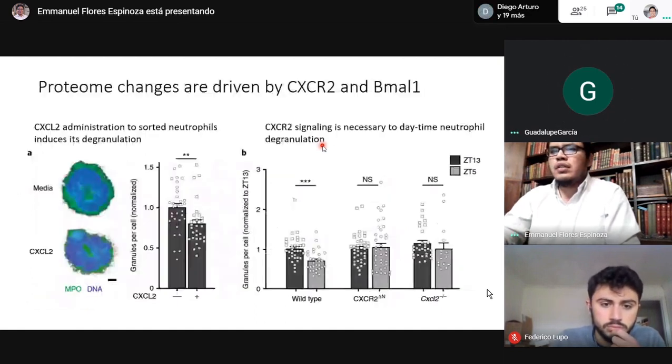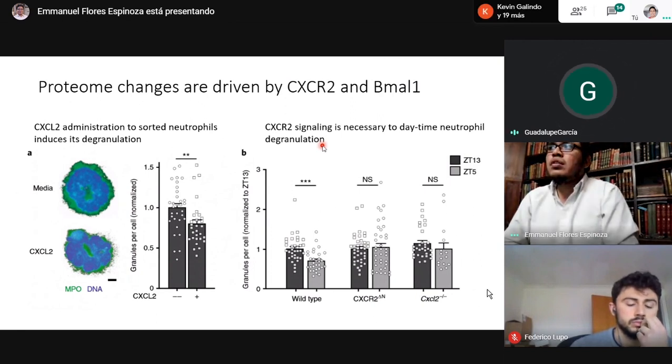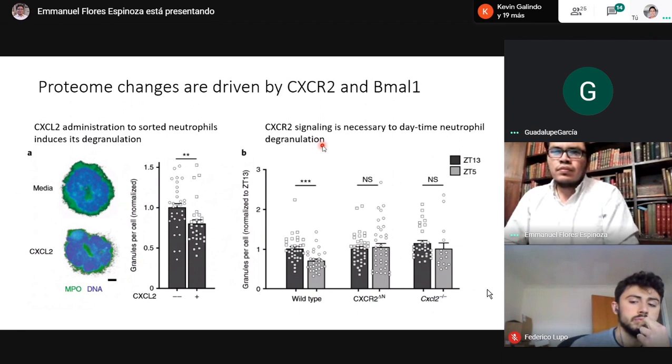This one. They observe an effect in the lower amount of granules per neutrophil. So this is an exogenous CXCL2, but they comment that the degranulation before the neutrophils enter the tissue is regulated in an autocrine manner. Can you explain a little bit of that? Why do you observe an effect with added exogenous CXCL2?